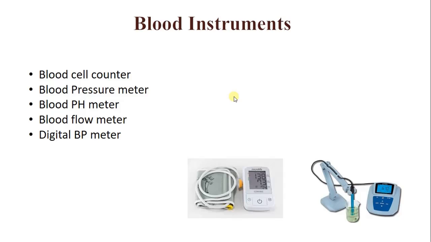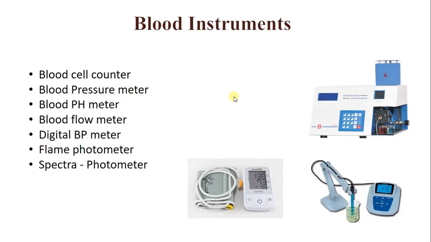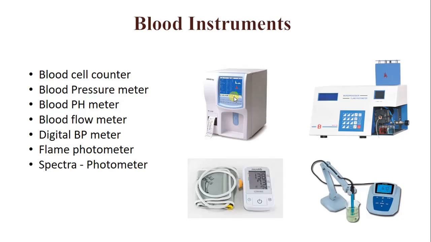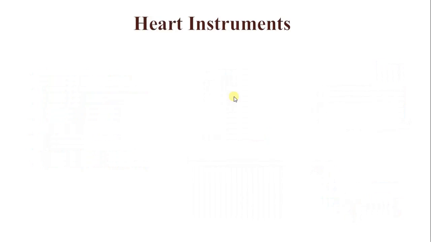This you might have seen all around in your homes also. You have the digital blood pressure meter, the flame photometer, spectrophotometer. These are various instruments related to the measurements done on the blood or the flow of blood inside the body or outside the body, like taking the samples outside and doing the measurements.